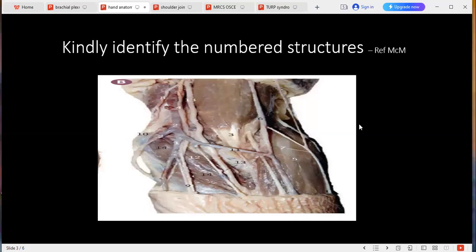The insertion is over the radial tuberosity. And this muscle is innervated by which nerve? It is innervated by the musculocutaneous nerve.